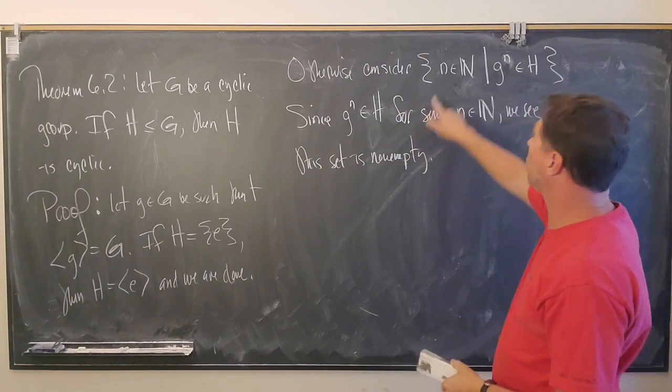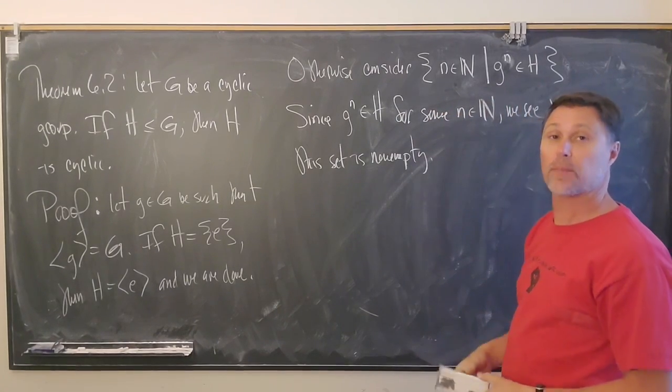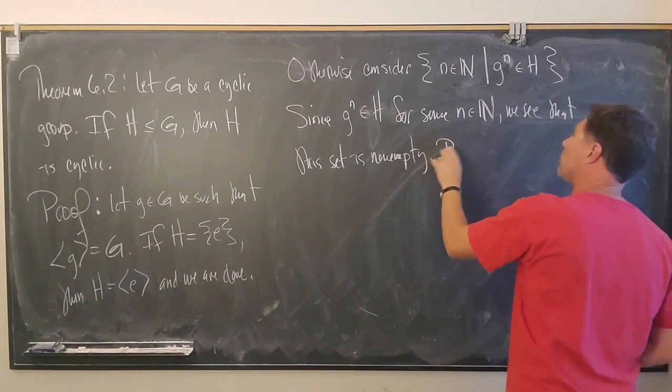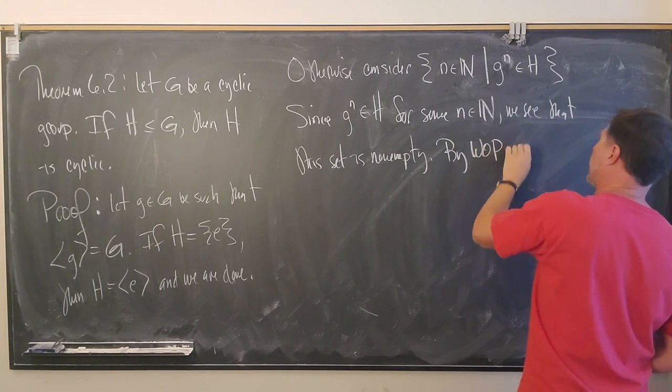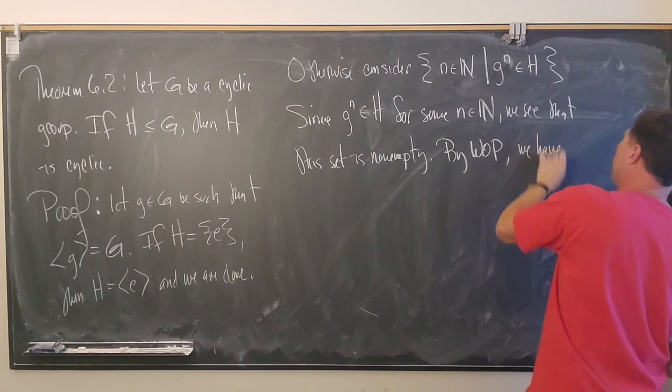So what do we have then? We have a non-empty subset of the natural numbers, so by the well-ordering principle, we have a least element.